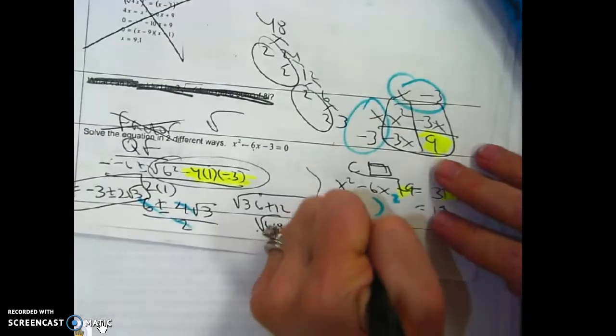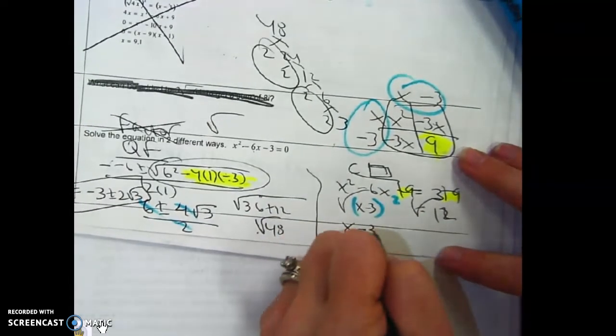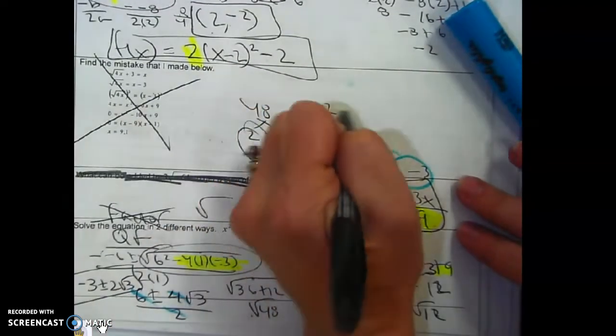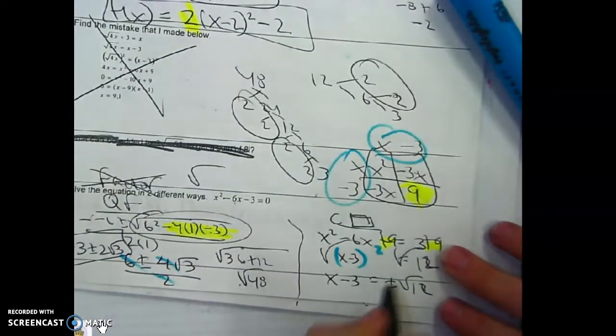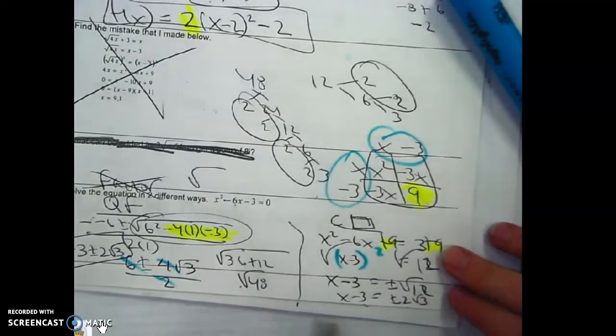x minus 3. Now square root, x minus 3 equals plus or minus rad 12. But if you look, I can take the 12 and I can tree it. 2, 6, 2, 3, boom. 2 rad 3 equals x minus 3.